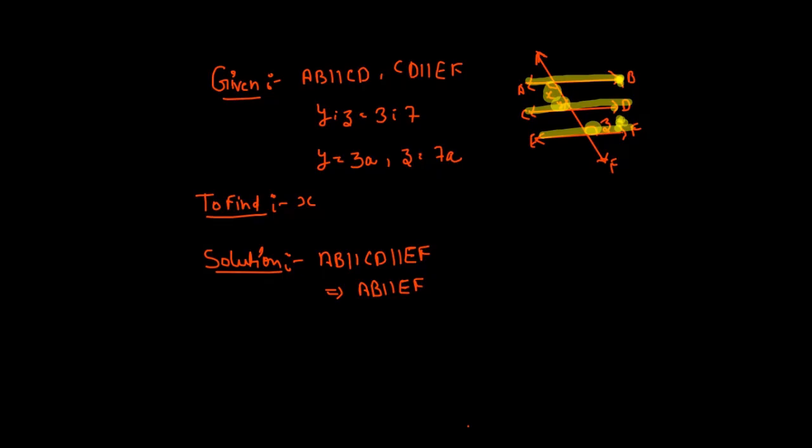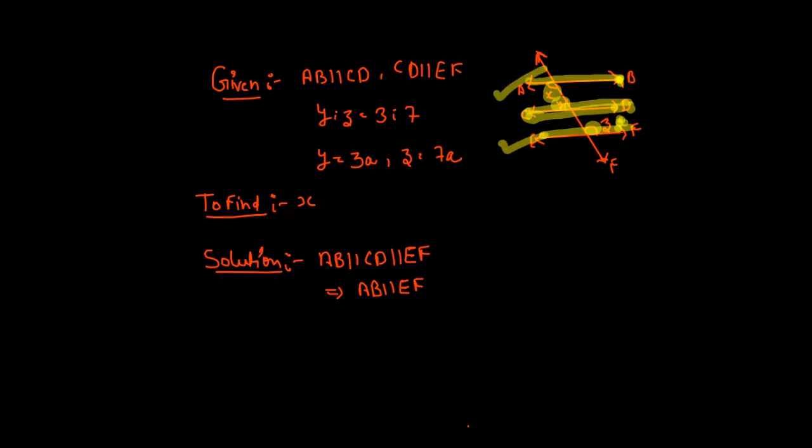Now, if for a while you just forget the portion between this line, just forget it. So here what we have is that this AB is parallel to this EF.